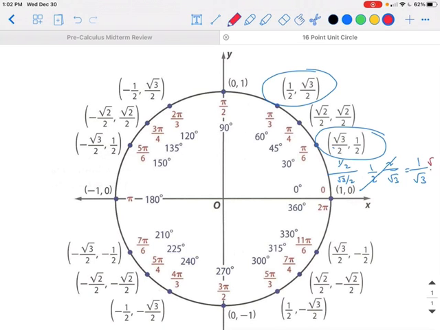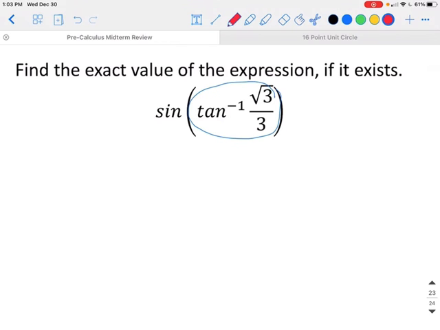You cannot leave the radical in the denominator, so you would multiply the top and the bottom by a radical 3, and this would give us a radical 3 over 3, which is what we had. So we will have a tangent of radical 3 over 3 when our radian measure is pi over 6. So we can replace this piece with pi over 6.